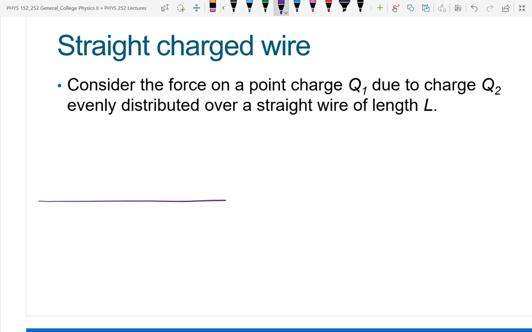Here's my wire. There's Q1. This here is Q2 that extends off toward infinity. And we'll put some distance between these that I'll just call A. So it's all in a straight line.